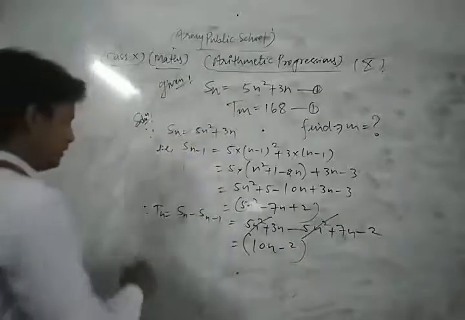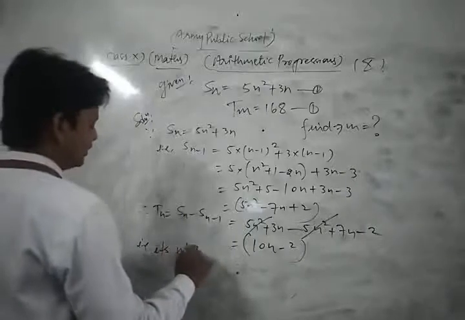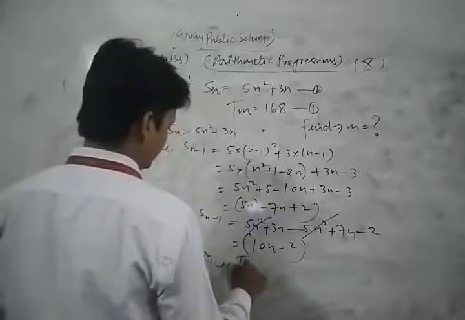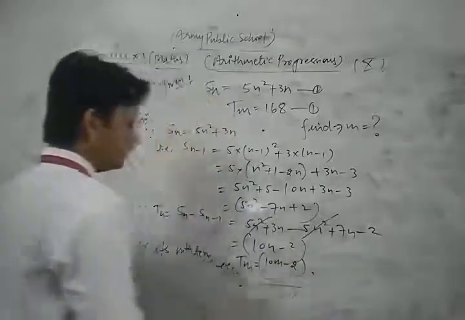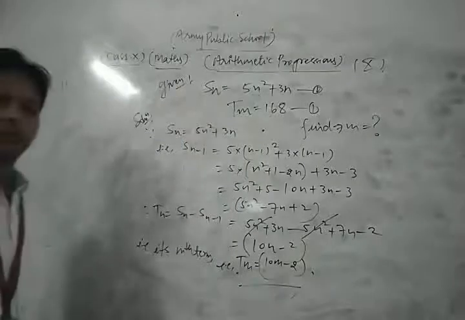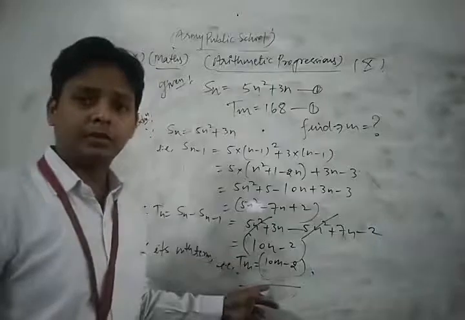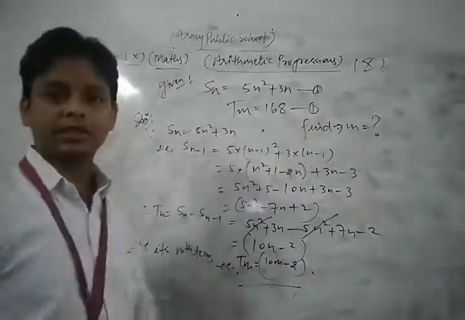So mth term will be, that is its mth term, we just replace n by m. That is what I get: 10m minus 2. This is the mth term of an AP. Now mth term is given as 168.